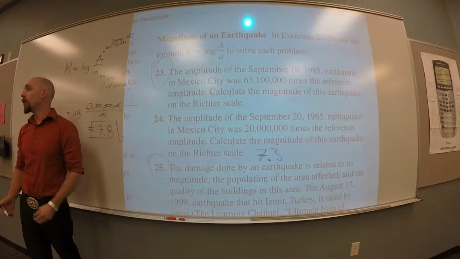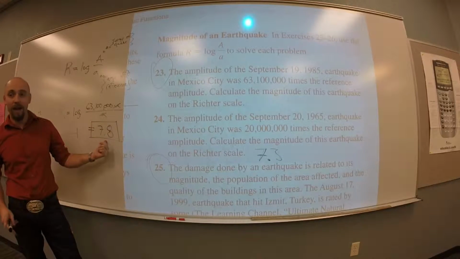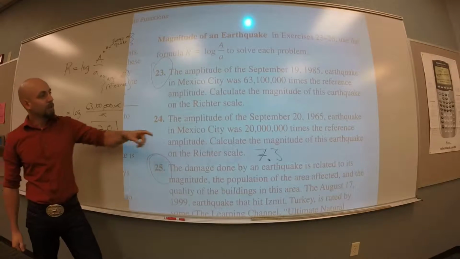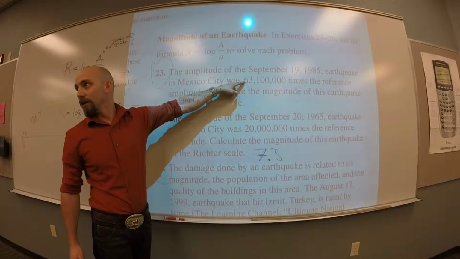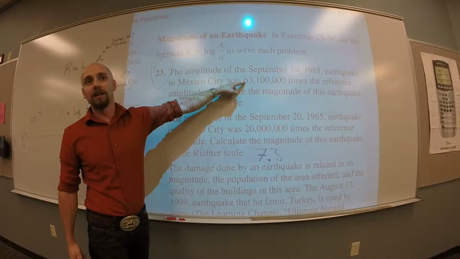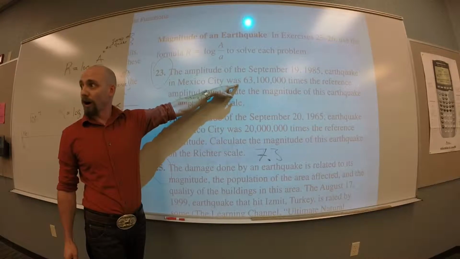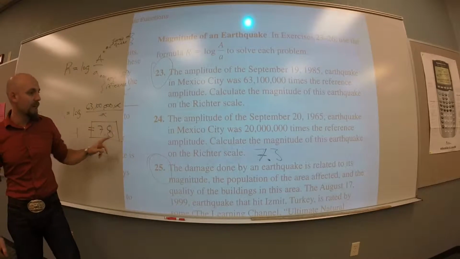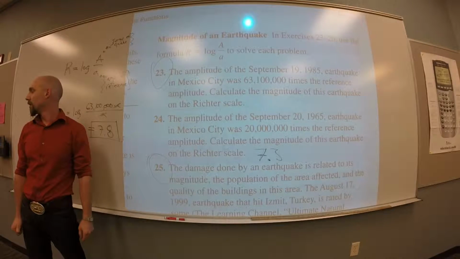Notice that the difference between a 7.3 and a 7.8 is a factor of 3. So this earthquake is 3 times more powerful, but they're pretty close together on the Richter scale, right?